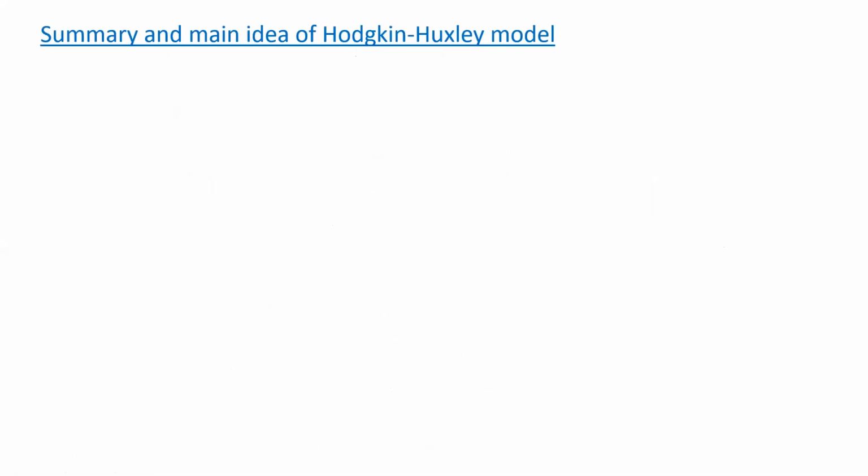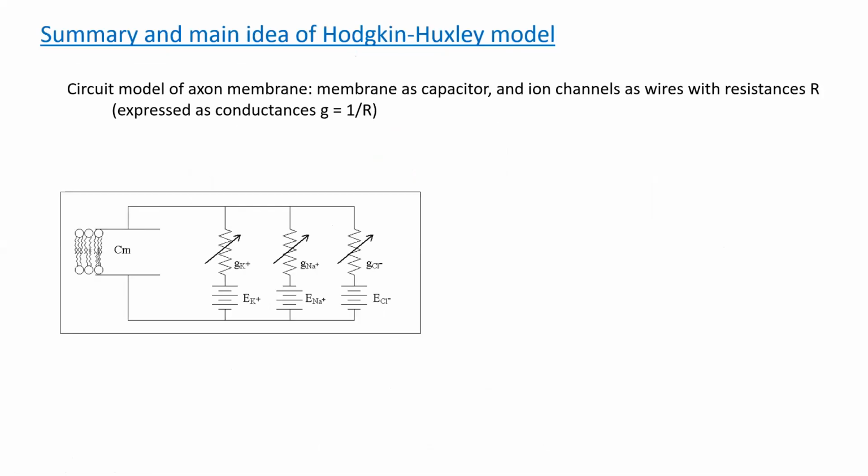So just to summarize, we've looked at a circuit model of the axon membrane with the membrane acting as a capacitor and the ion channels as wires with resistances R expressed as conductances, which is the reciprocal of the resistance. In that model we have effective potentials given by the Nernst potential minus the membrane potential, okay?